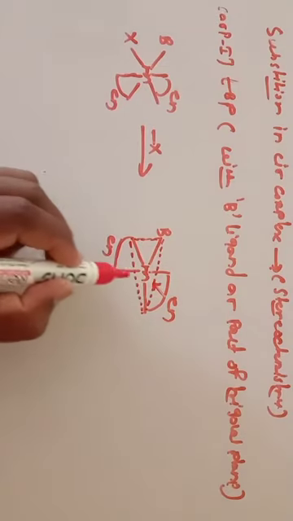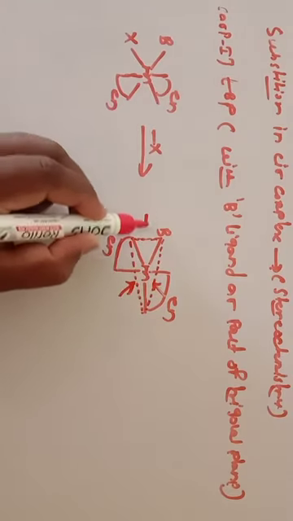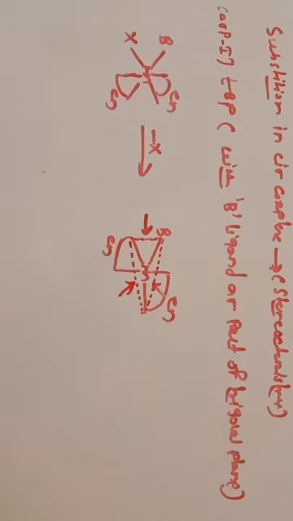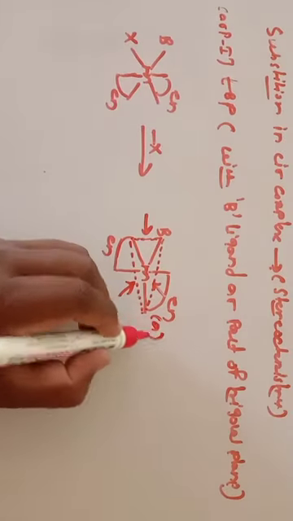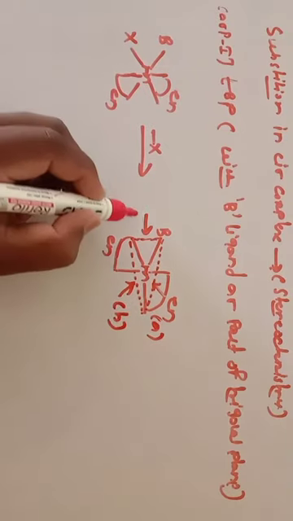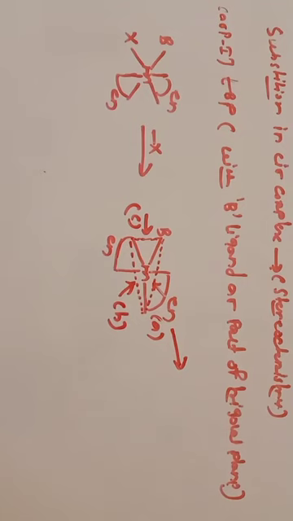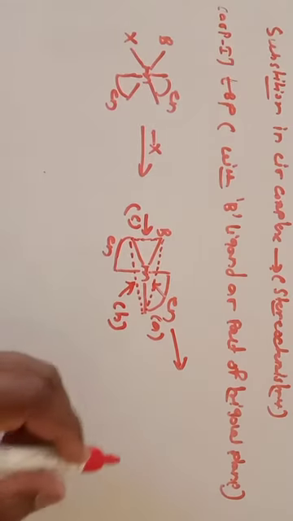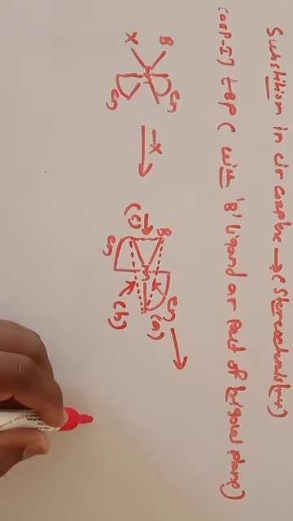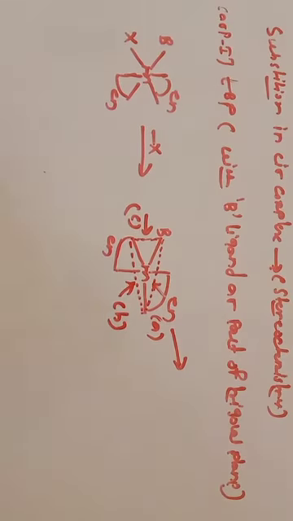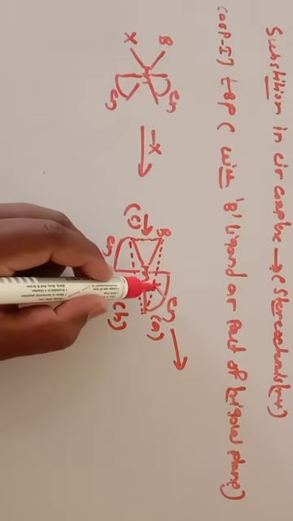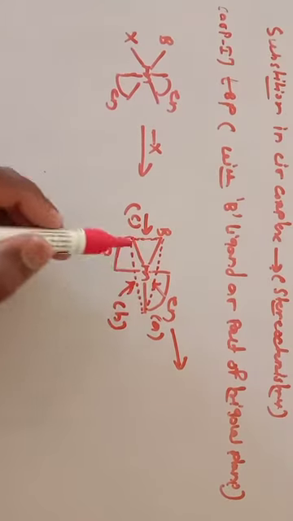So it is attacked from this side, this side, or this side. If you consider the first case, when it is attacked from the A side, B side, and C side, what is the product when it is attacked from the A side? Which isomer is formed, cis or trans?